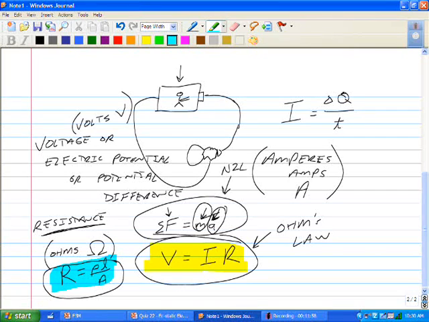Why? If you double the length, what do you do to the resistance? Doubling it, right? If I double the resistance and don't change the thickness, right? I've got double the resistance.